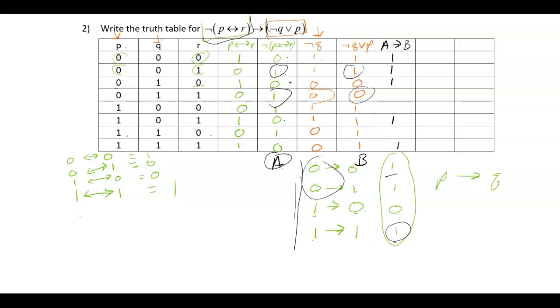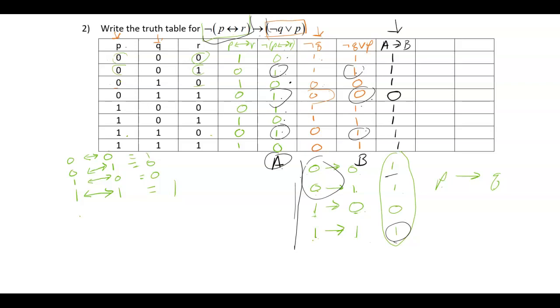But in column B, there's a 0. I made a promise and I didn't keep it. A 1 on the left and a 0 on the right creates a 0 for the if-then. And then a 1 on the left and a 1 on the right creates another 1, looking at this and this. That creates another 1. And this is my final answer, this row here.